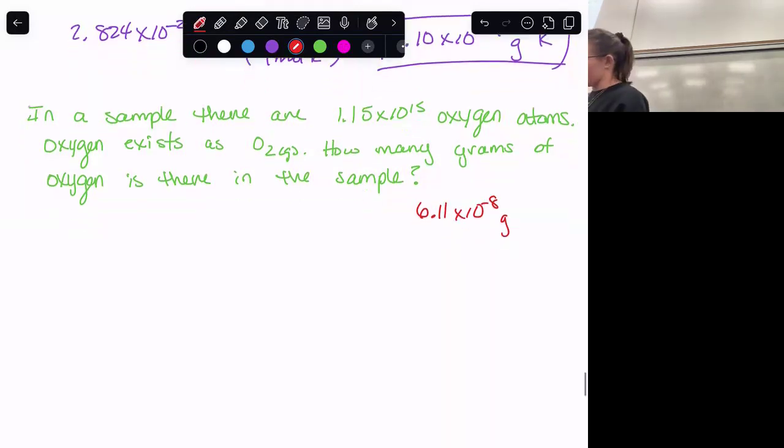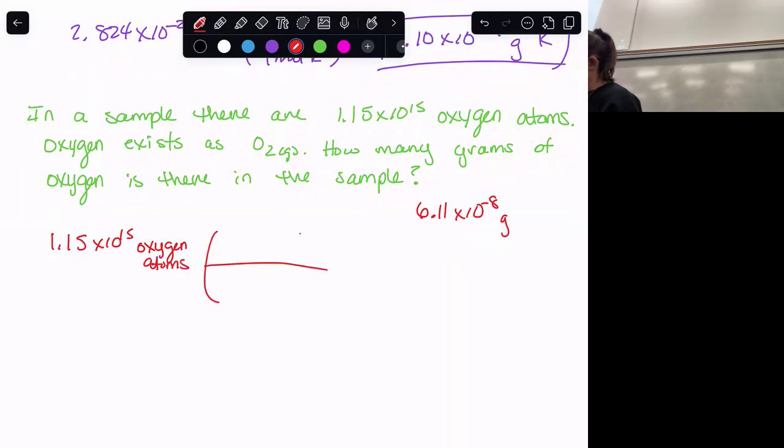I started off by taking 1.15 times 10 to the 15th, which is the number of oxygen atoms given, and then multiplying that by 1 mole over 6.02 times 10 to the 23rd.